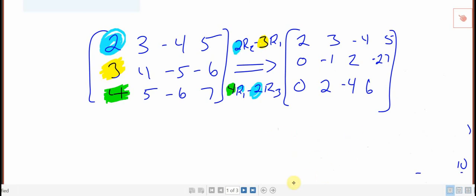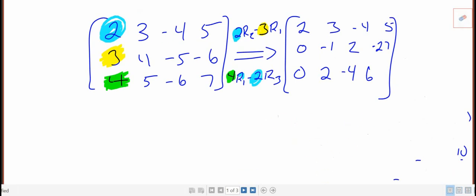Now, one thing I do note here is this has actually turned out fairly nice for me, in that if I multiply this row by a negative 1, I'll have a 1 in that spot. Okay, so I'm going to go ahead and do that. 2, 3, negative 4, 5.